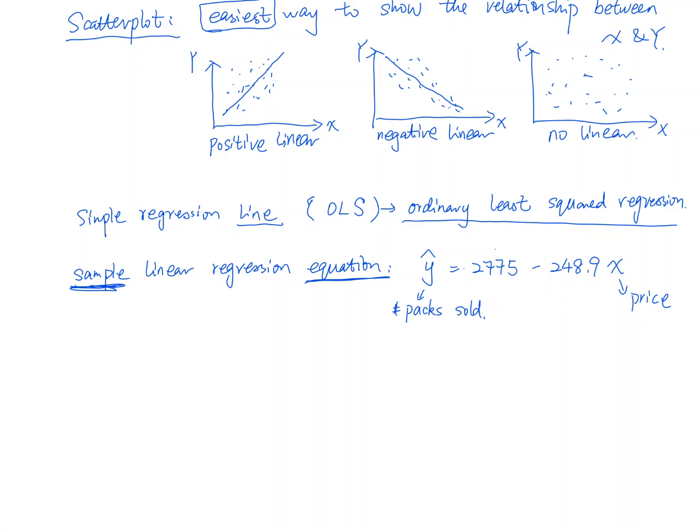So for one population, you can have many equations. Right, we will talk about this later. So here, remember, we call this the simple linear regression equation. And we have a general format of this equation, which is y hat equals b0 plus b1x.